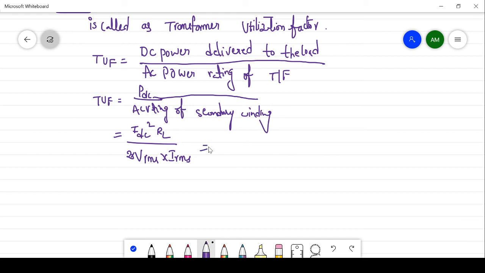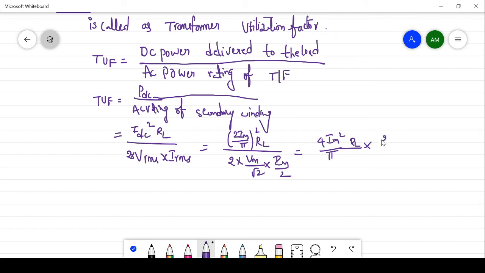So already we know the IDC value is 2 Im by pi, Vrms value is Vm by 2 root 2, and Irms value is Im by 2. This is for the secondary winding here. So 4 Im square by pi, simplified, RL into 2 root 2.